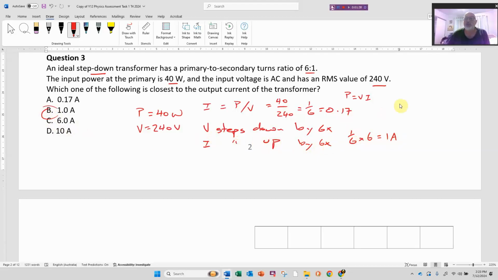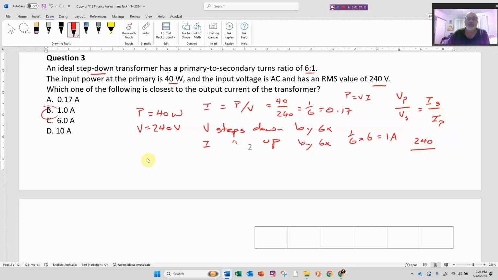But we could also do this by saying V primary over V secondary equals I secondary over I primary. So therefore voltage in the primary was 240.